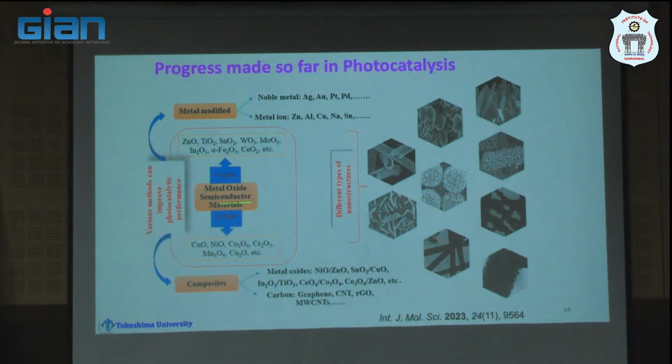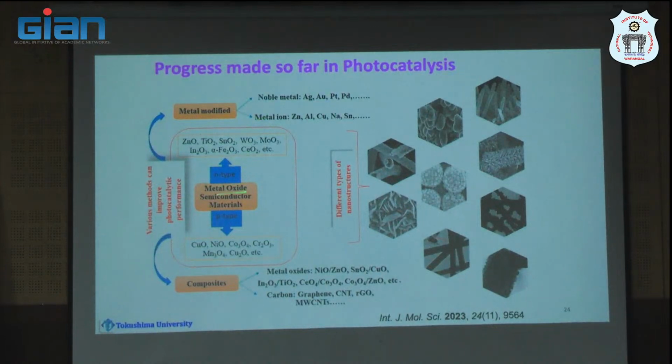So there were many papers which consist of, for example, CO2 Sn or Fe2O3 Au Ag, and there are several combinations. They tried for photocatalysis, but still today the efficiency is not good. That's why research is still underway.